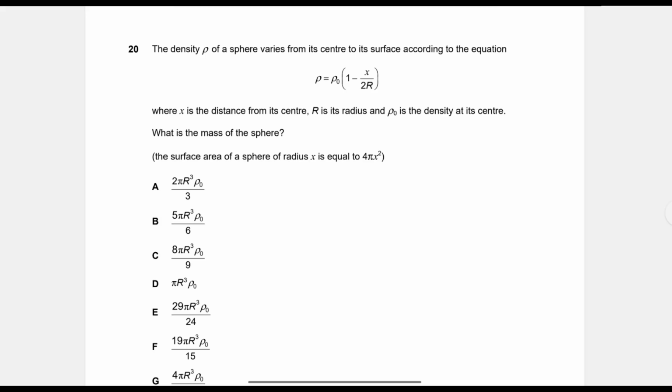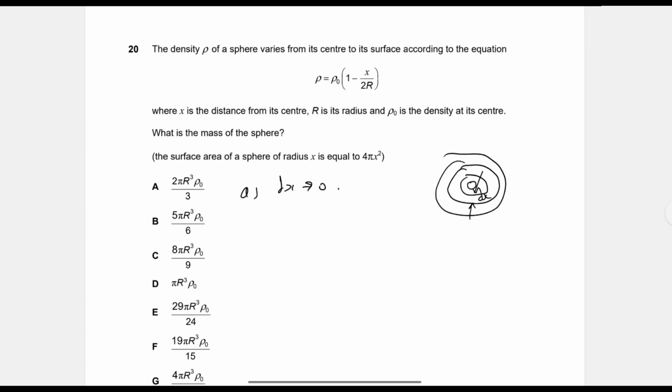So we think about this sphere as kind of like an onion, made up of many smaller spheres stacked up inside, each with width dx. And as dx gets closer to 0, the approximations we'll be making to figure out the mass of each of these are going to get better and better.